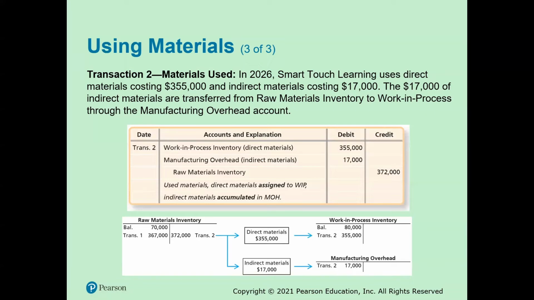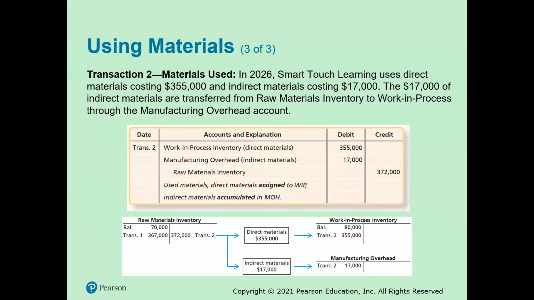So to record the use of direct materials, the cost of direct materials is transferred out of raw materials inventory and it is assigned to work in process inventory. The amount debited to work in process inventory is the total of the individual cost records.